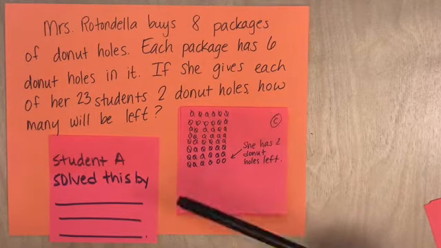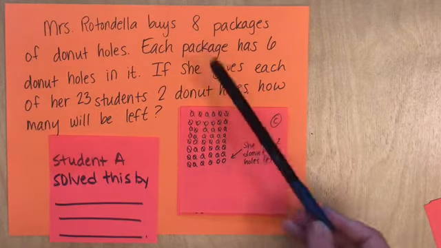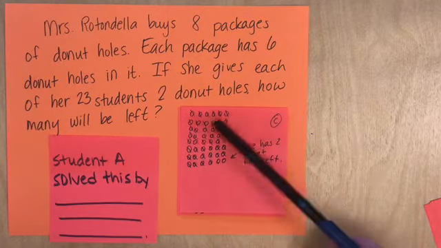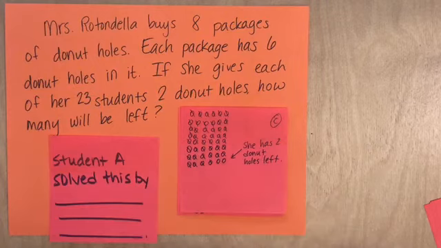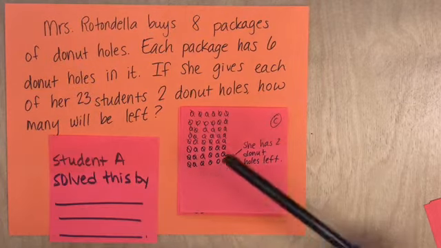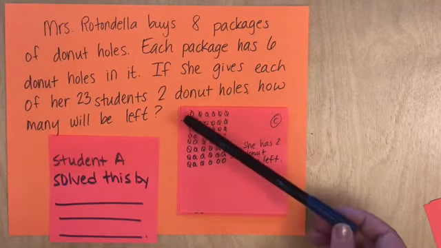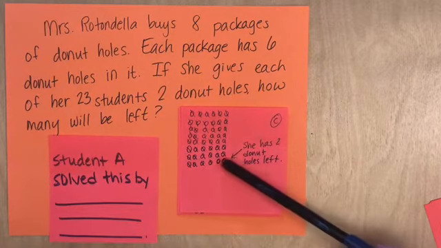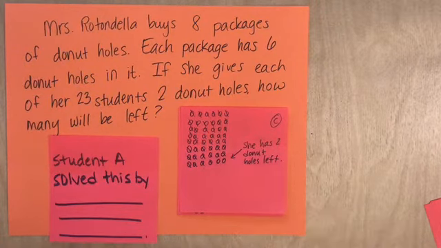Okay, so it looks to me like this person did an array of 8 by 6. So they did 8 rows of 6 to represent the different packages with 6 in each package. And then they crossed out 2 for each student 23 times. So then they found out that Miss Rotondella has 2 donut holes left.